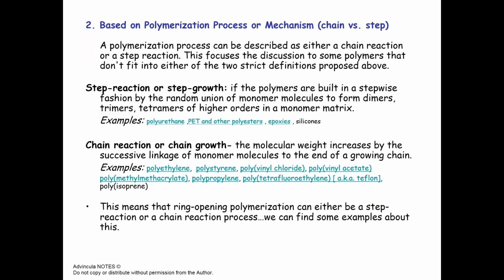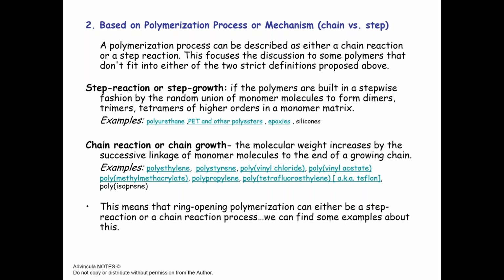On the other hand, the chain reaction, which can be substituted for addition polymerization as well, grows by initiation, propagation, and then termination. This is how you make polyethylene, polystyrene, polyvinyl chloride, and so on. A modification of this, of course, is that some polymers go via ring opening reactions or are mediated by a coordination catalyst.